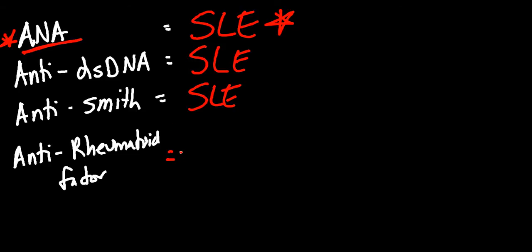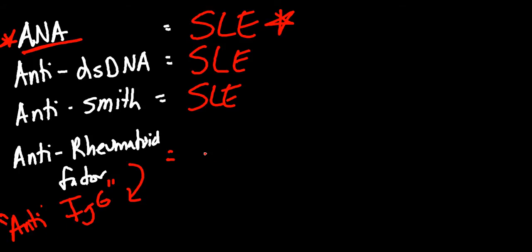If I see anti-rheumatoid factor, now this is also going to be seen as anti-IgG antibody. Now, I do need to warn you that there are going to be quite a few of these "also seen as". So anti-rheumatoid factor is also going to be known as anti-IgG antibody.